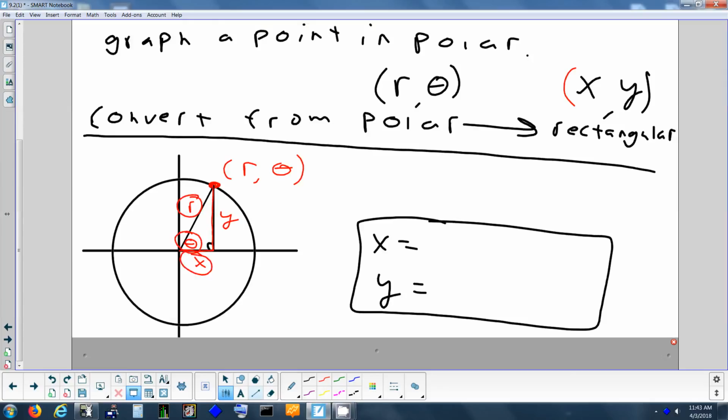We're going to use Pythagorean Theorem tomorrow when we go the other way. You're going to be given the x and the y and have to find the radius. But we'll hold off on Pythagorean Theorem for now, but we will use it tomorrow. Yep. Cosine? We're going to use cosine. Cosine of your angle equals adjacent over hypotenuse.